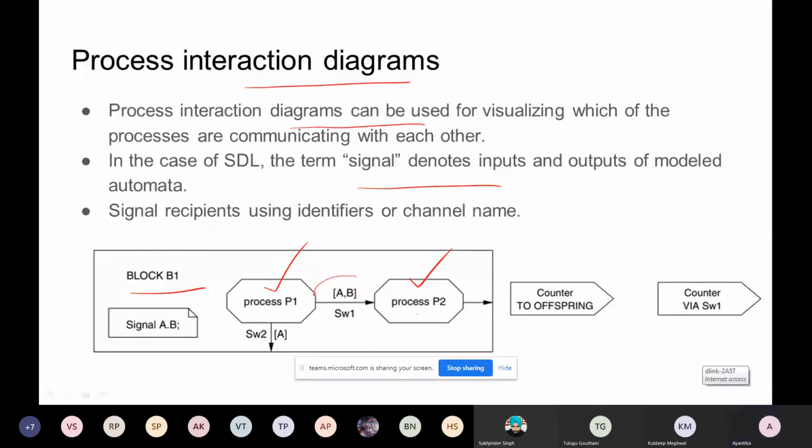So this is the signal. Now, how can they communicate? In a direct way, maybe there is one mother process sending the same information to one or more offsprings. So in that way, that signal can be sent to the offsprings. Otherwise, it can send the communication via some particular channel with some particular IP.